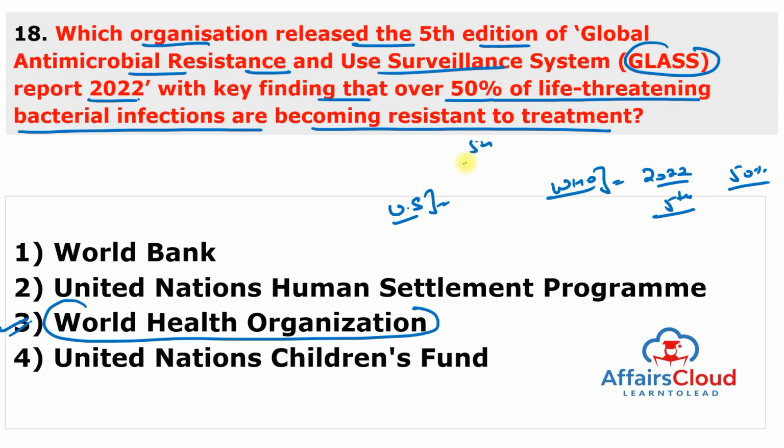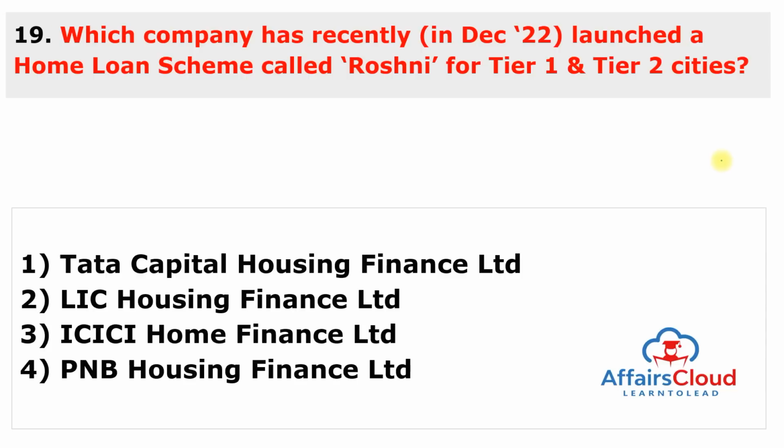And the 5th GLASS report, prepared in association with the member state, summarizes 2020 data on the antimicrobial resistance rates in the common bacteria from the countries, territories and the areas. Moving to next question.